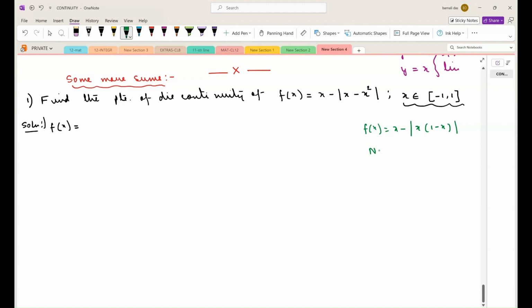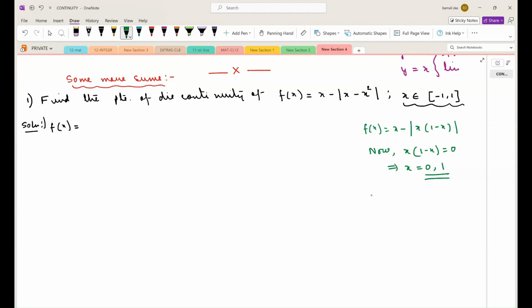Now if you equate whatever is inside the mod, that is x(1 minus x) equal to 0, then you get two values, x equal to 0 and 1. So these are the two points where I have to break the function and get different branches.